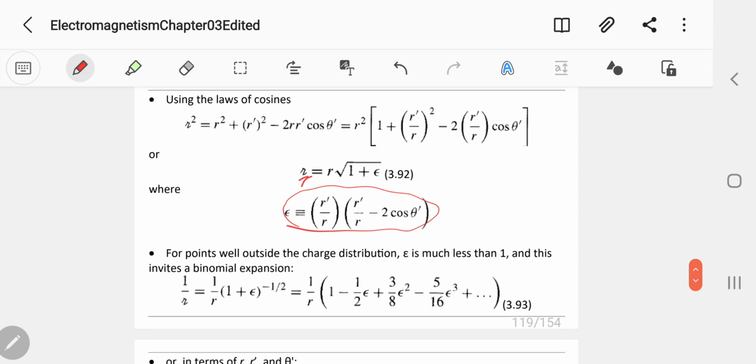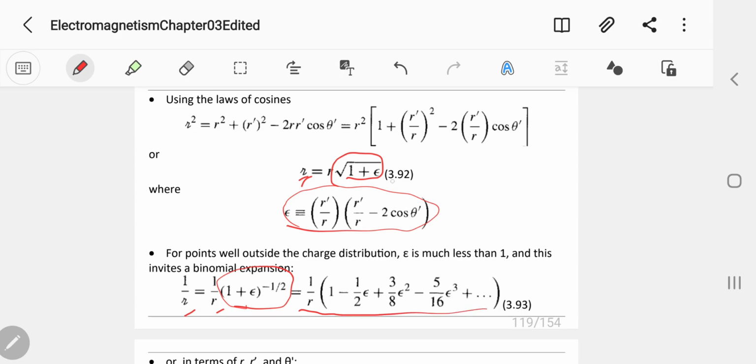For points that are outside a charge distribution, epsilon is very much less than 1, and this invites a binomial expansion of this expression. So your 1 over script r becomes 1 over r times 1 plus epsilon to the negative 1/2. Since epsilon is very small, you can expand it like that.